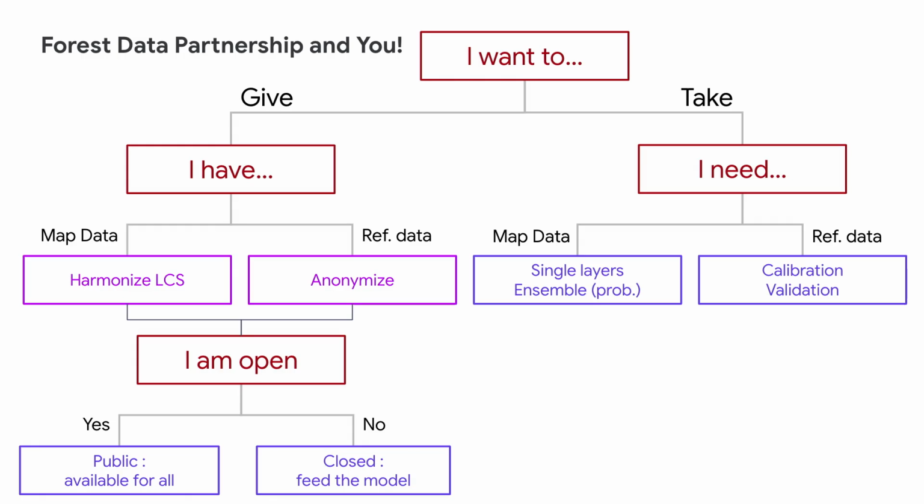And there are even interesting new ways where, if you're very concerned about publicly sharing that data, you can feed the model in a closed setting where you don't actually need to share the data with anyone else. But it will still lead to improvements in the model, and you can see how your own data sets are performing.